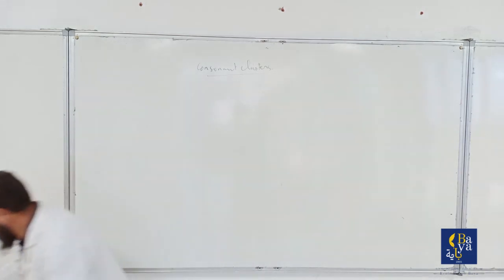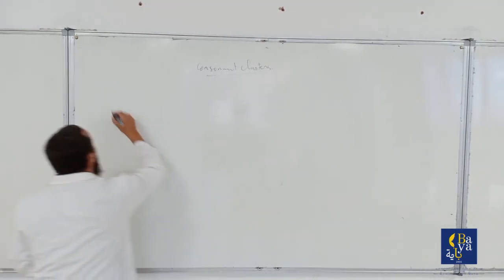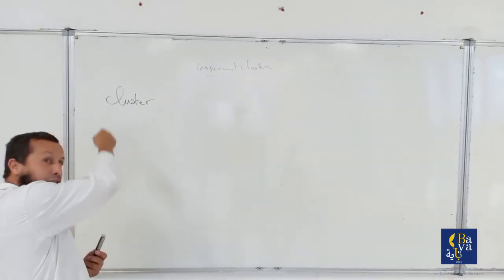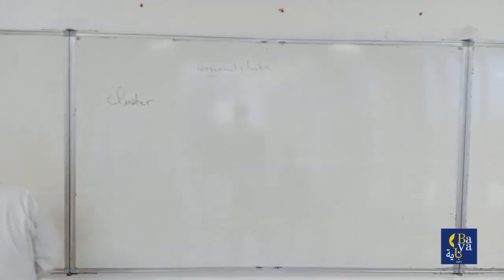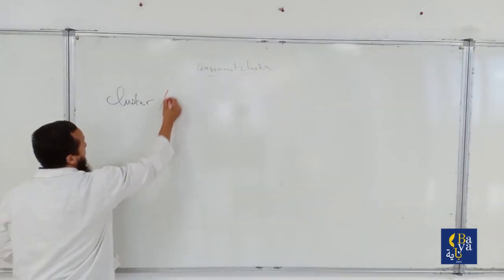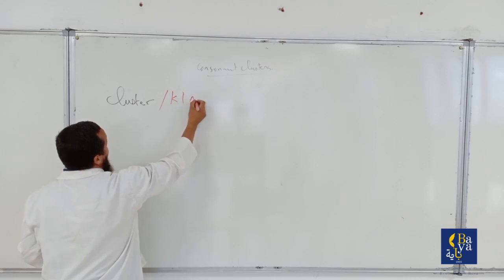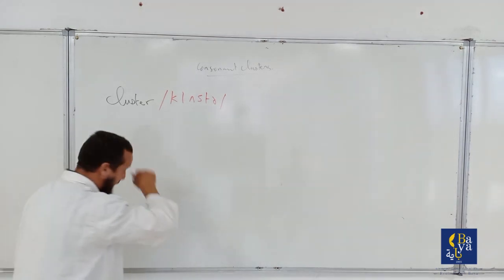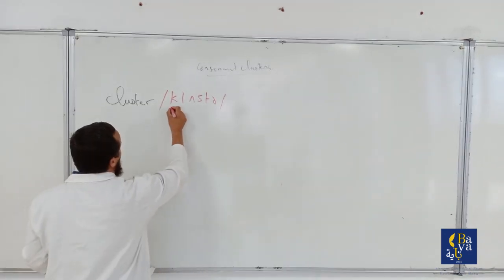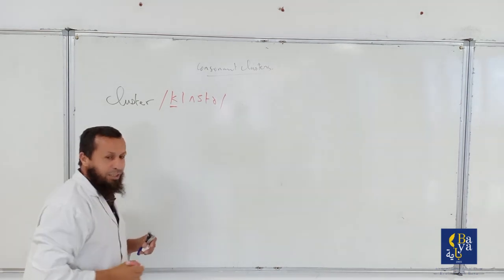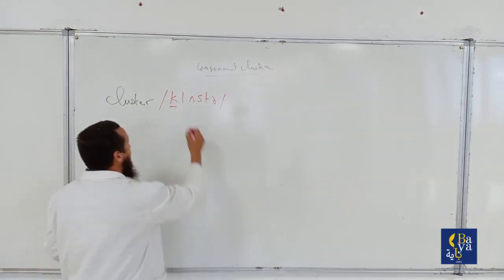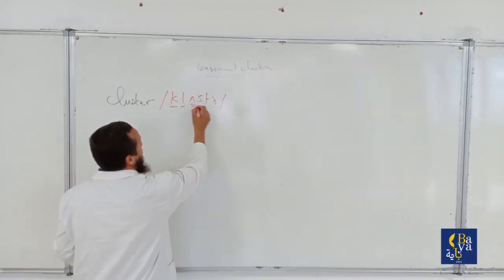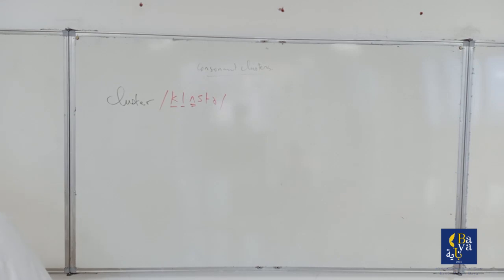I will give you the word cluster itself. If you look at the word, we have class. This is the phonetic description, okay? So here we have the consonant k, the consonant l, and then we have a vowel.